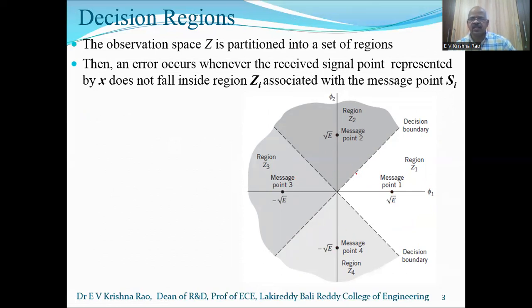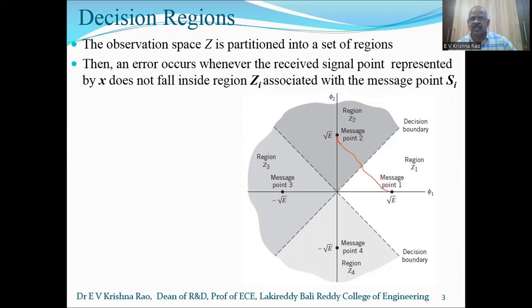The bisection of two signal vectors, the perpendicular direction between these two signals, is the boundary region. Similarly, each signal has such a boundary. So each signal has its region, the boundary region Z1, region Z2, region Z3, region Z4, corresponding to the messages s1, s2, s3, s4, etc.